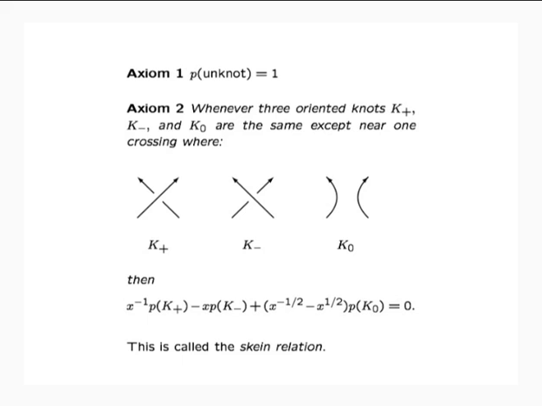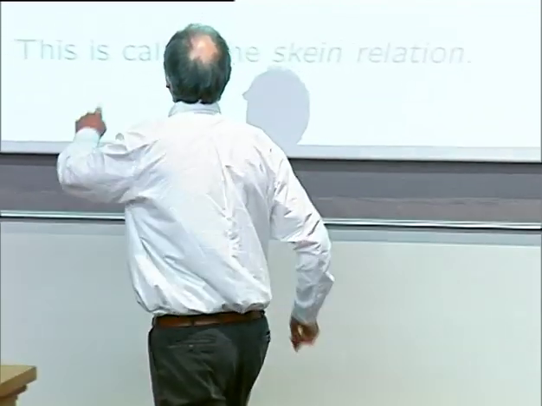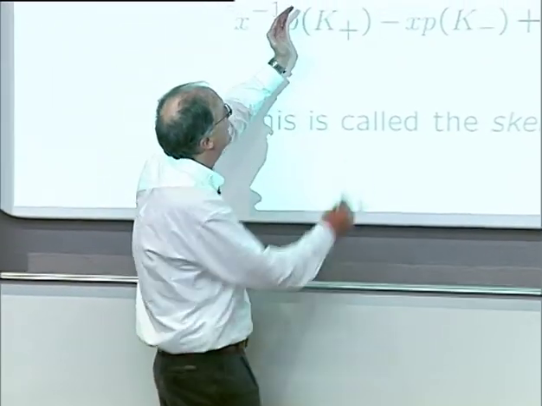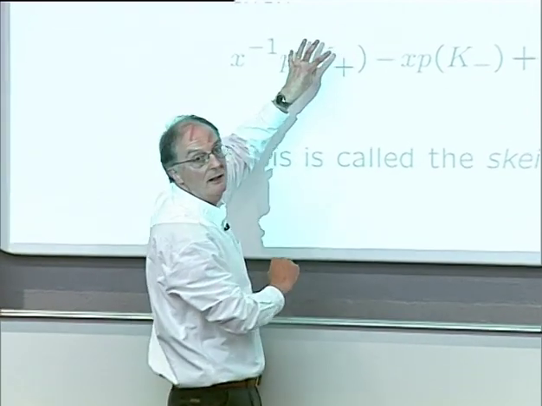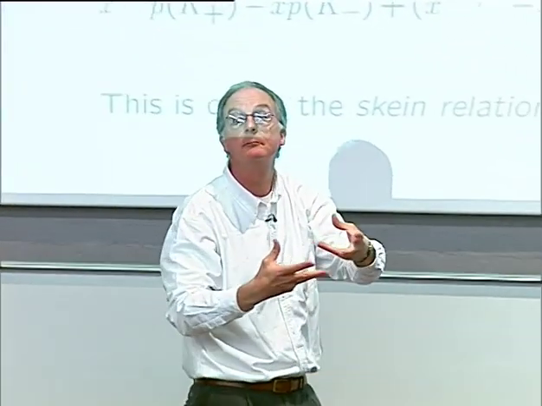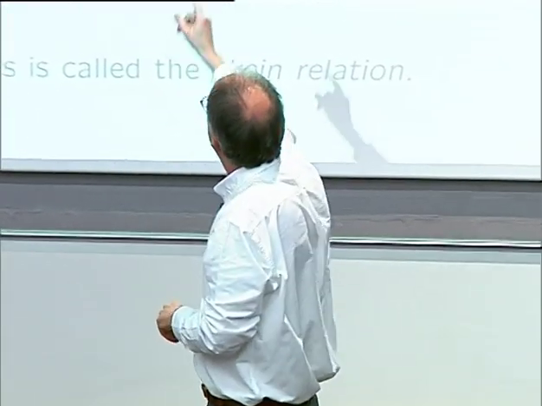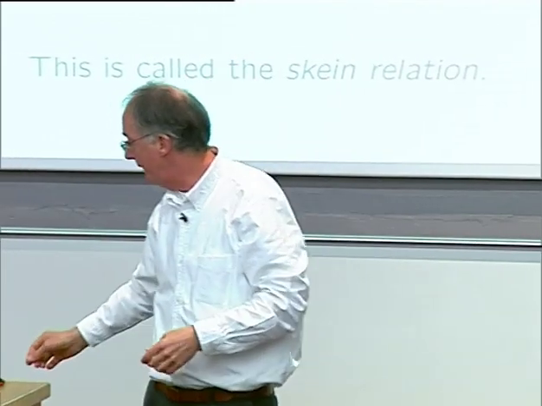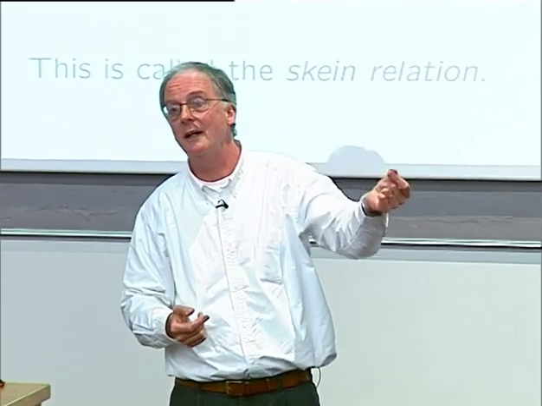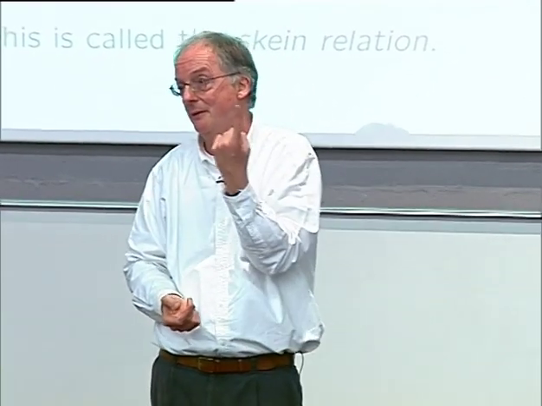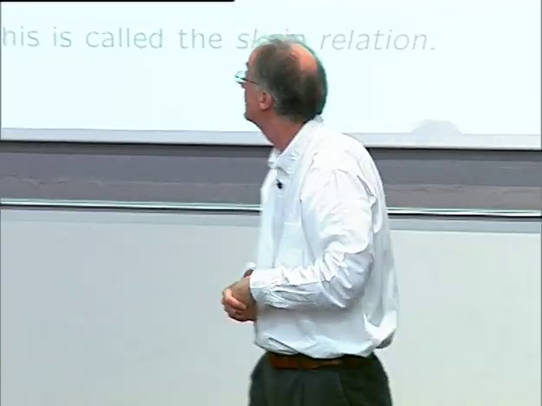And in the brackets, I'm going to have a symbol representing a knot. Now, if I start just with the unknot, then the polynomial that I'm going to associate with the unknot is just the number 1, which is a very simple polynomial.